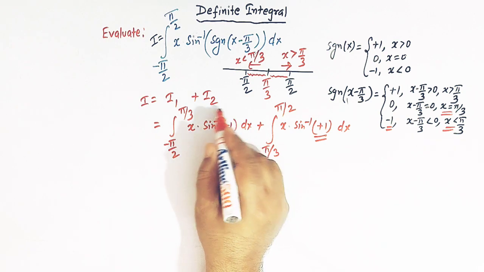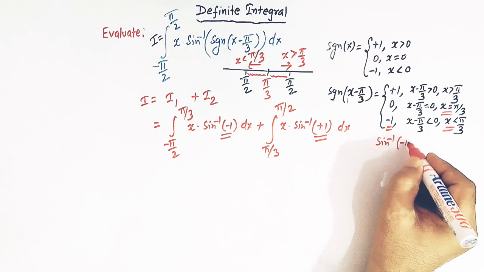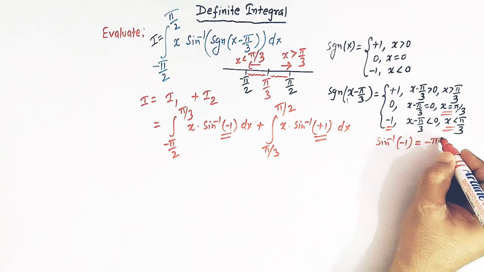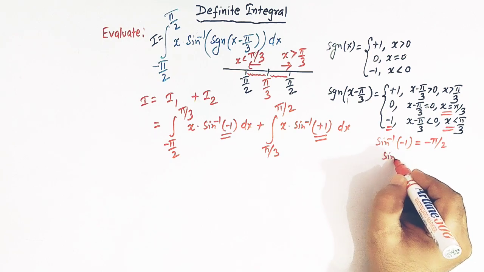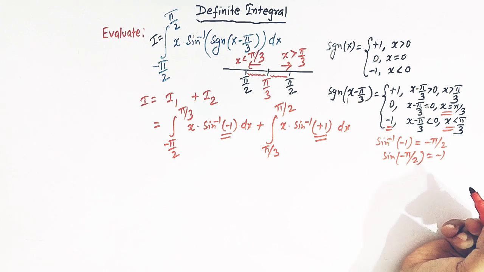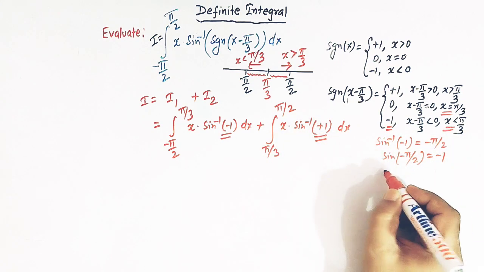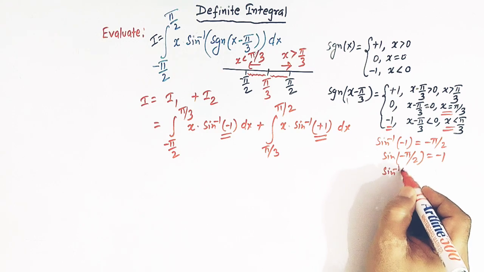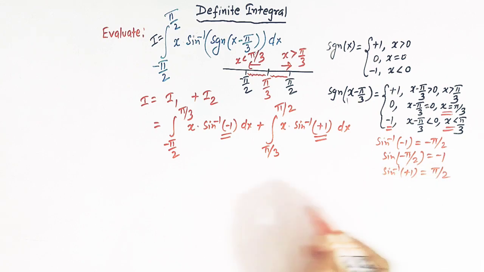Now from inverse trigonometric functions, we know that sine inverse of minus 1 is minus pi by 2, because sine of minus pi by 2 is equal to minus 1, right? And sine inverse of 1, that is plus 1, is simply equal to pi by 2, right?